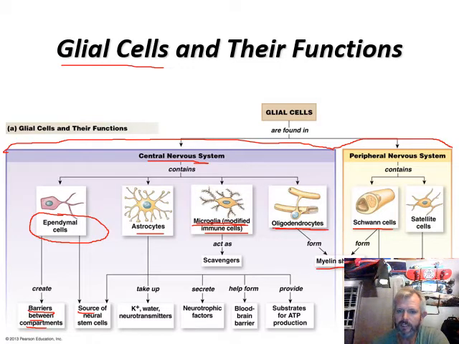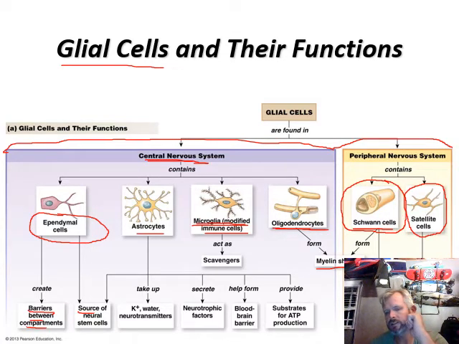The oligodendrocytes form the myelin that's on the axons in the central nervous system, and the peripheral myelin is produced by Schwann cells. Along with the Schwann cells, there are satellite cells, and they serve a similar function to the astrocytes.